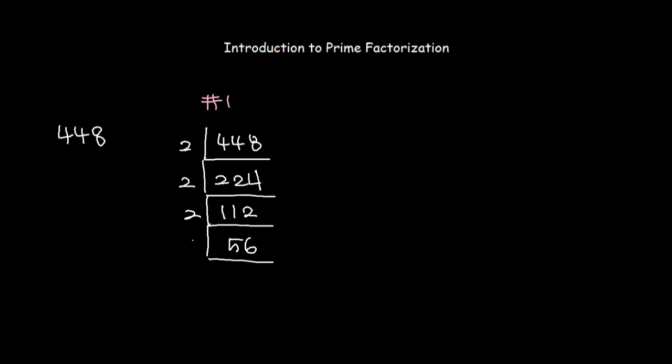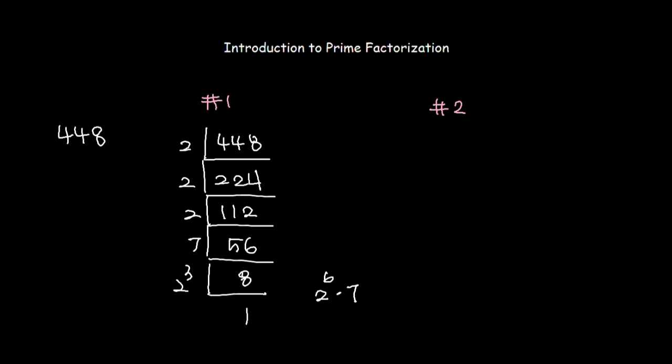I see a 7 now, and 8, and I can speed it up here, 2 to the third power. So I just got 2 to the 6th power times 7. And this only took me a couple of seconds, right? If you get the hang of this, you should be able to do it really quickly, because the whole purpose of this in math competition is to make this easier.